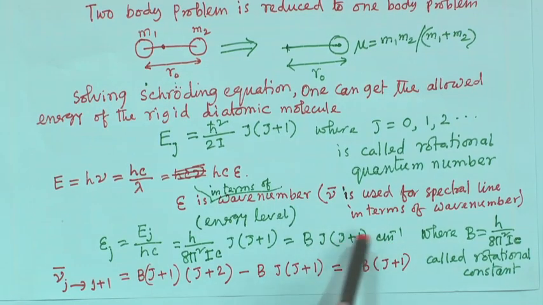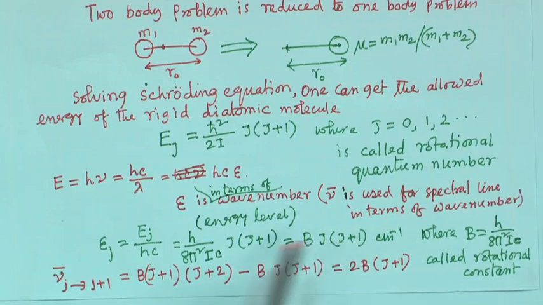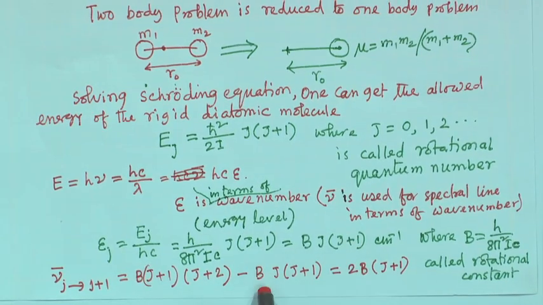Replacing j by j plus 1, it will be B (j plus 1)(j plus 2) minus B j(j plus 1), which gives 2B(j plus 1). This is the energy of the spectral lines in centimeter inverse, or in terms of wave number.